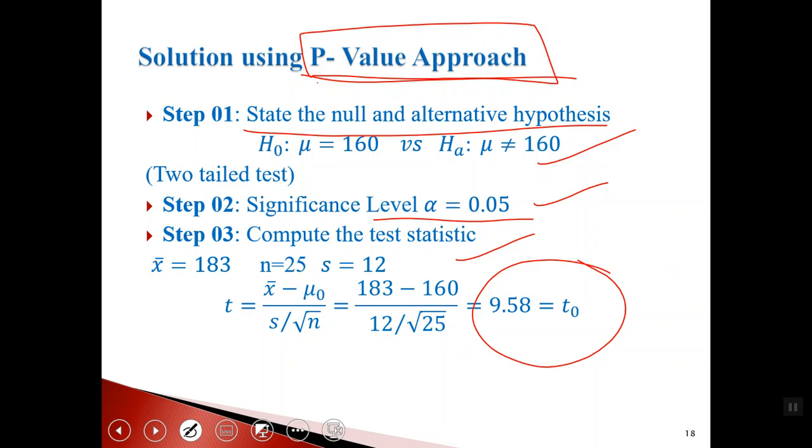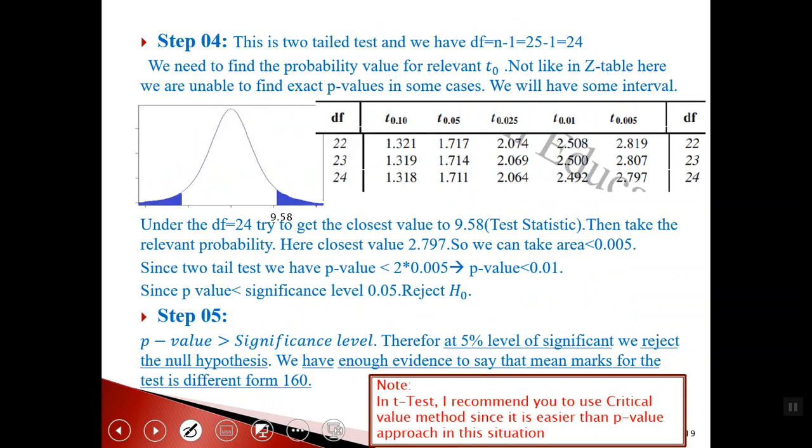We have to find the p-value based on this t naught. Since this is two tail, with the same degree of freedom, we need to find the probability value for the relevant t naught.